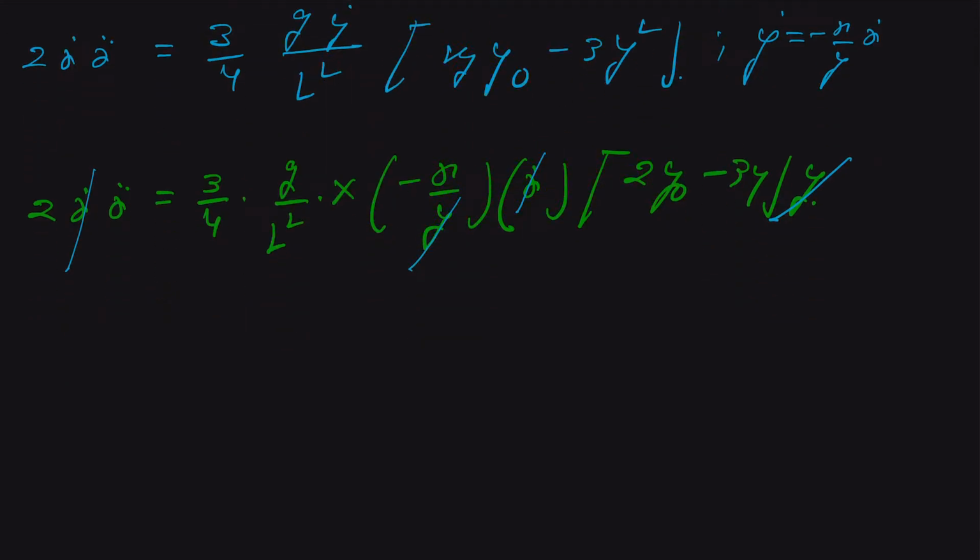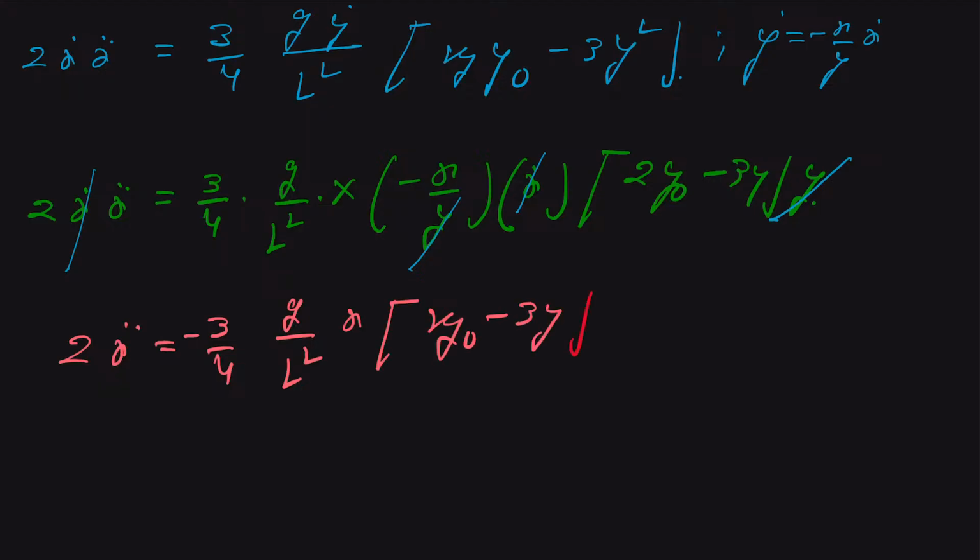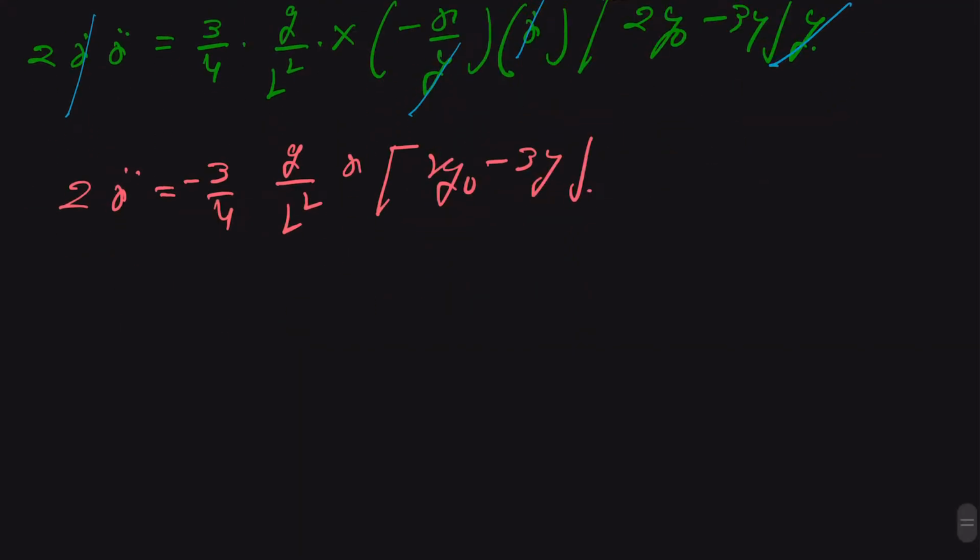So we get twice x double dot is equal to 3 by 4 g upon L square, minus x, times twice y naught minus 3 times y, and we simply divide by 2 now. So minus 3 by 8, we have g x upon L square, twice y naught minus thrice of y.